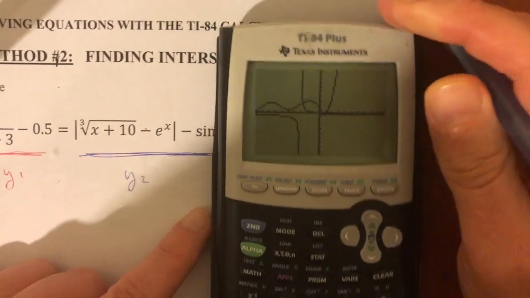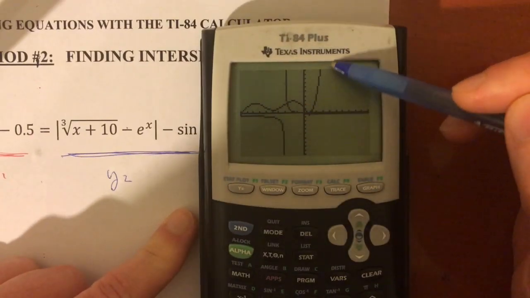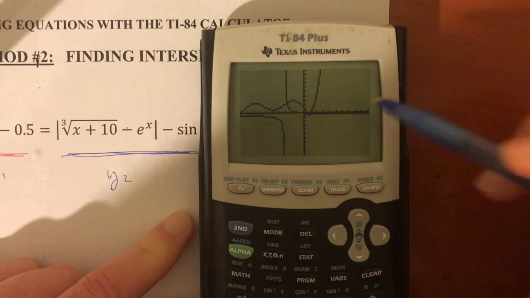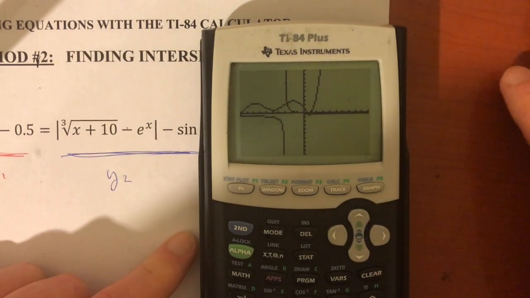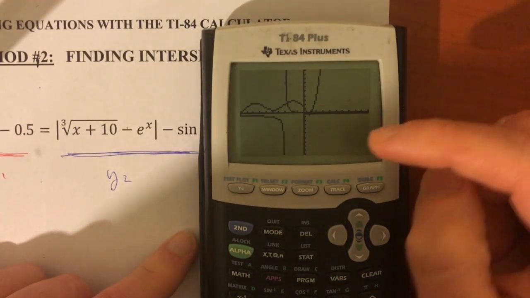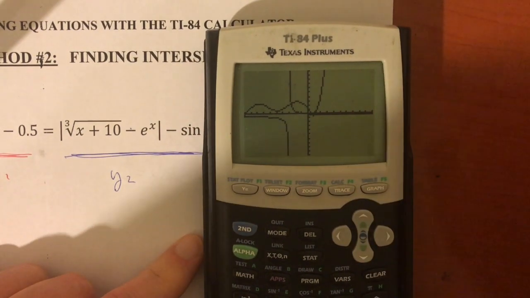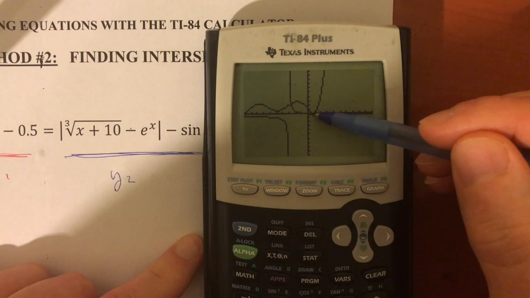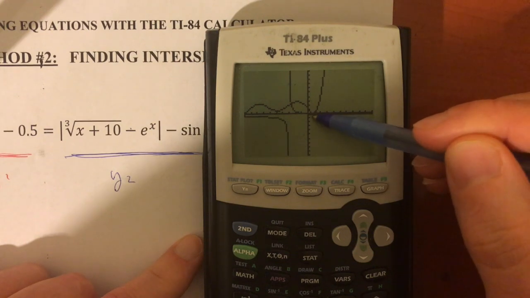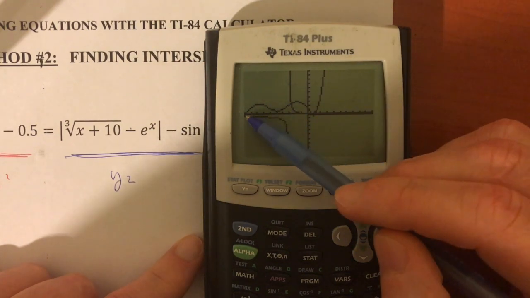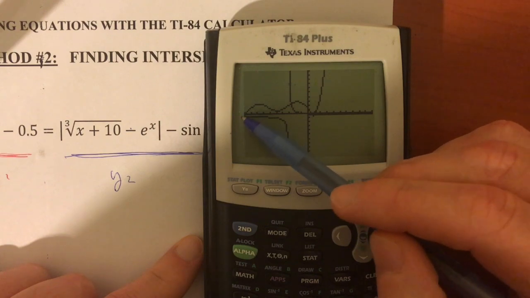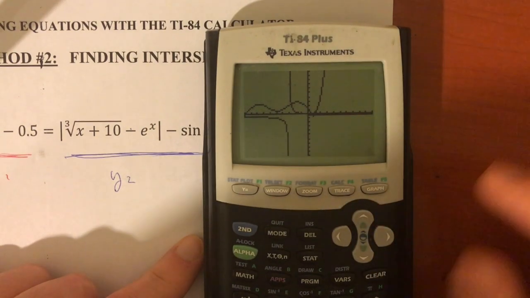And then you've got this absolute value of cube root, funky curve right there, and I've got to determine how many times these two things intersect. I can definitely see them intersect here, and it looks like here, maybe there, I'm not sure. And you also have to check, it looks like they could be intersecting over here to the left.